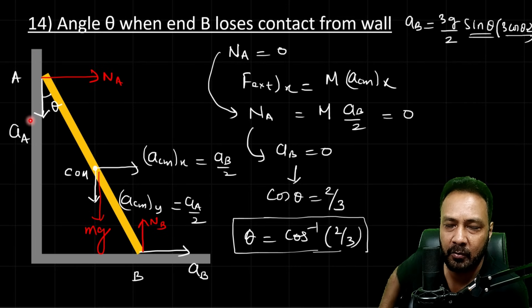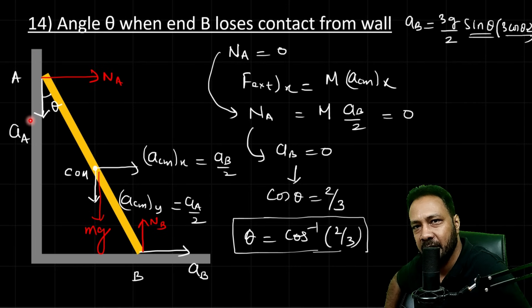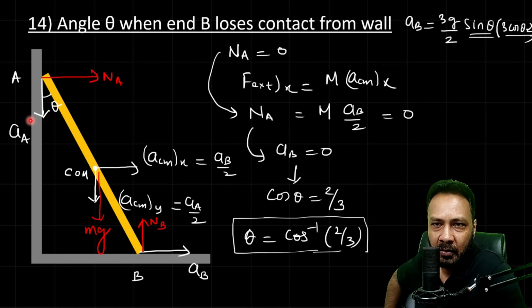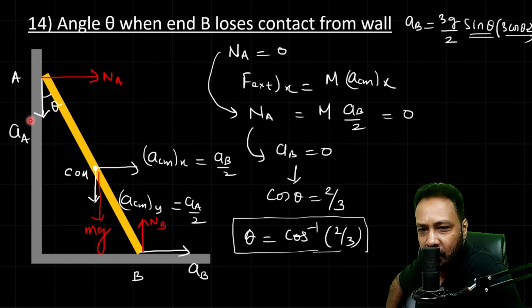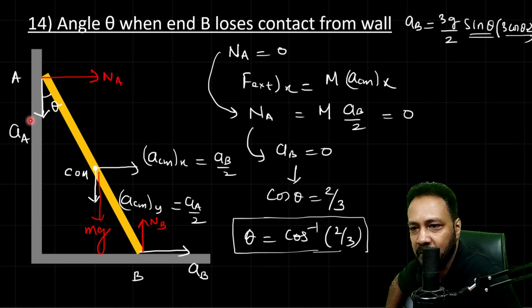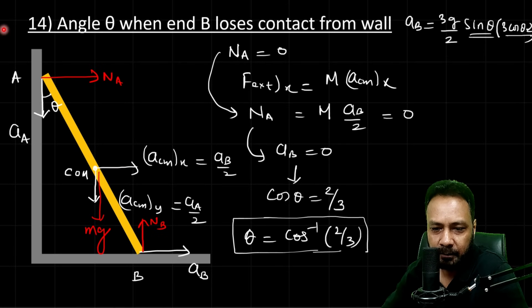Initially the total length of the rod on the wall was L. Now the projection of the length of the rod on the wall is 2L by 3. So the rod has fallen a distance L by 3. So we can also say when the rod has fallen a distance L by 3, at that time the rod will lose contact from the wall.